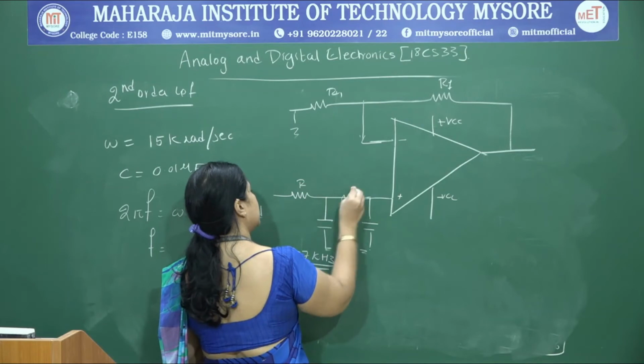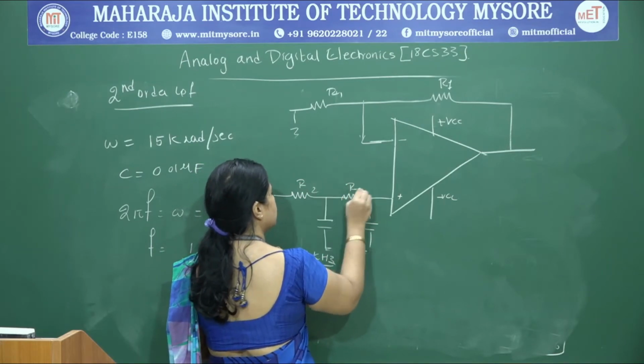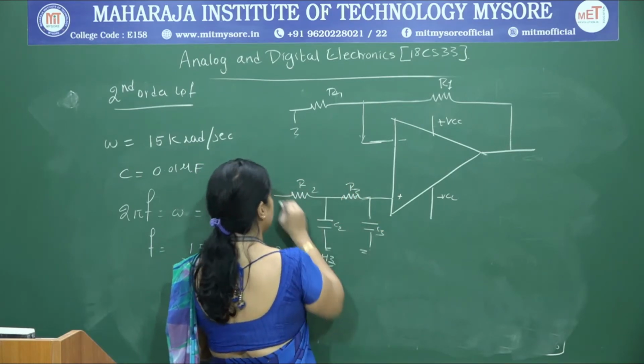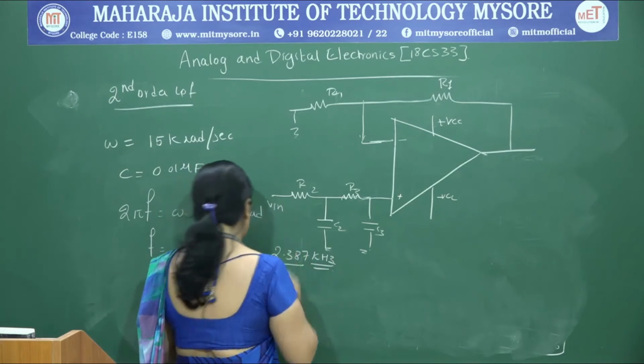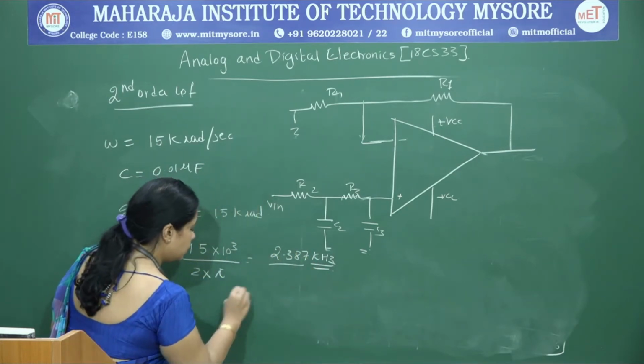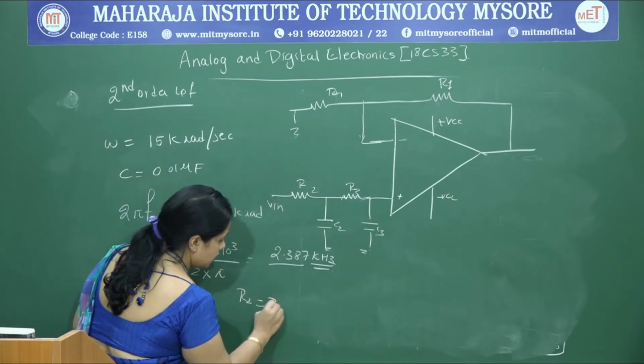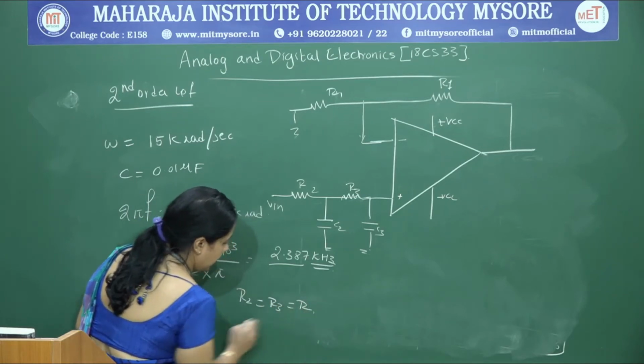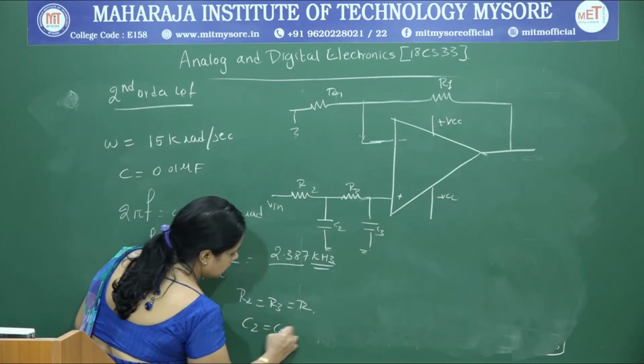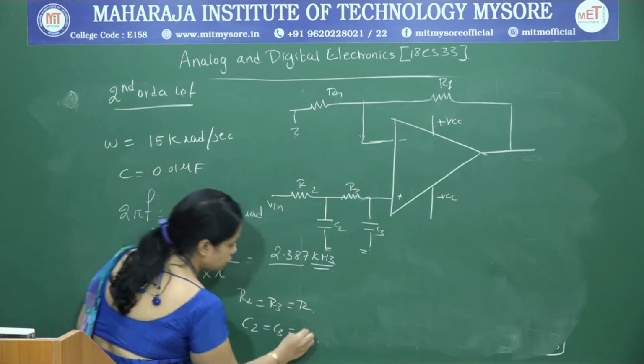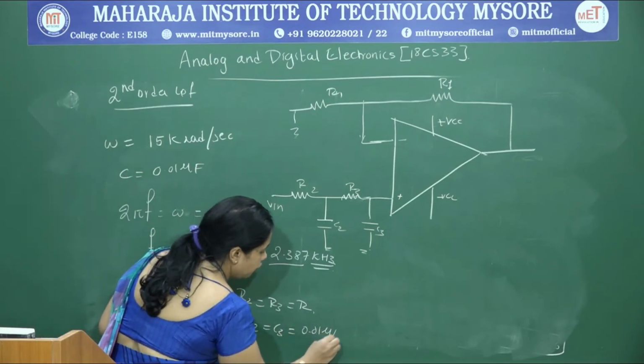So what we do is we take identical R2, R3, C2, C3. To make the design simple, we take identical RC sections. So R2 is equal to R3 is equal to R, and C2 is equal to C3, which is already given as the capacitance value 0.01 microfarad.